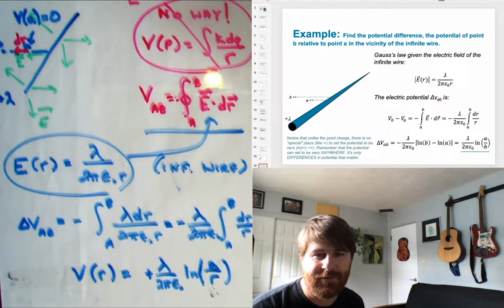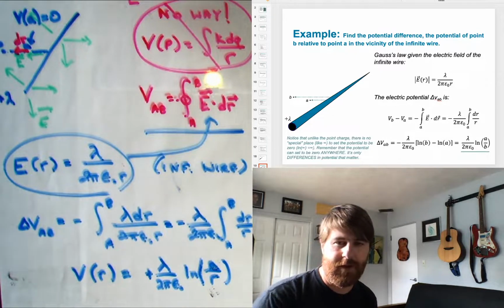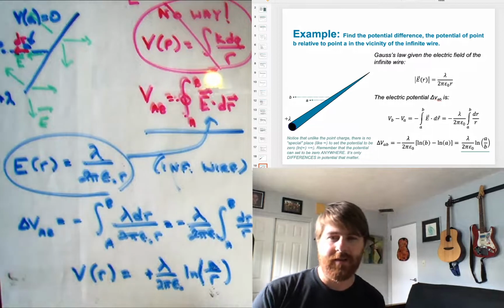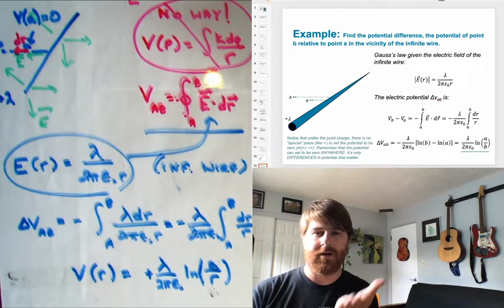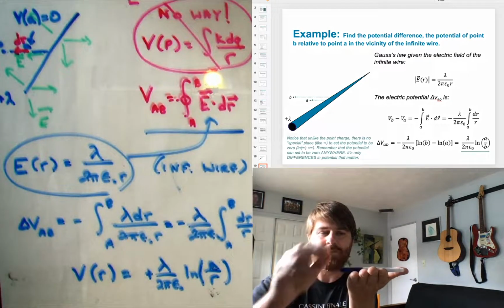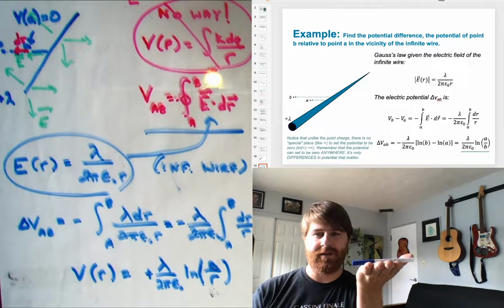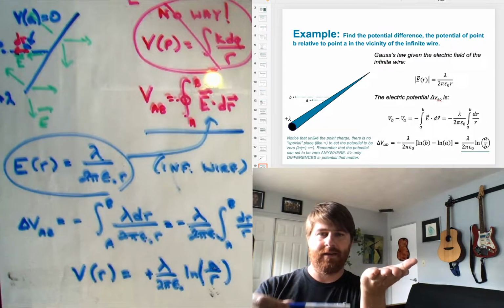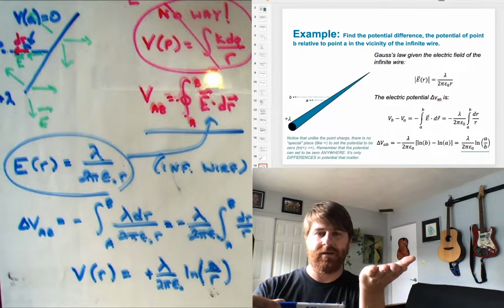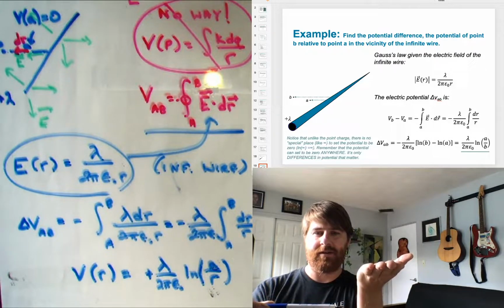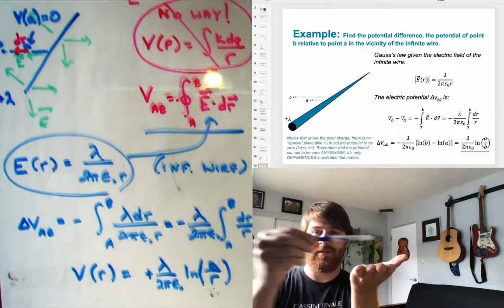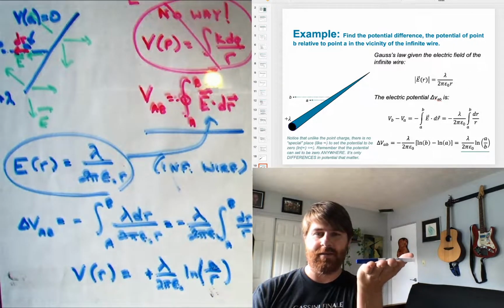Forces cause objects to experience differences in potential, right? But remember, when we did this with the dipole, if I take my marker and I put it on top of a table, I can say that it has 0 potential energy on the table, and that it has negative potential energy when it's below the table. But I could also say that the 0 of potential energy is when it's down here, and that it has positive potential energy when it's on the table.